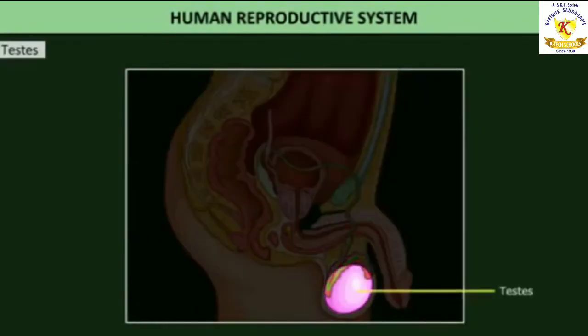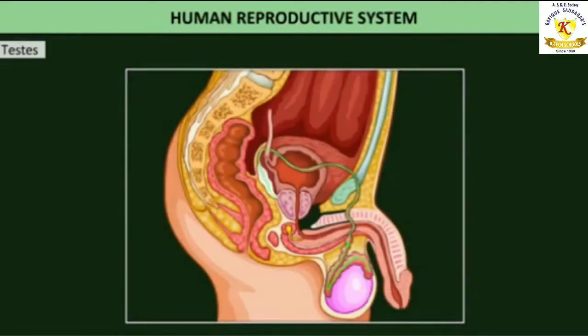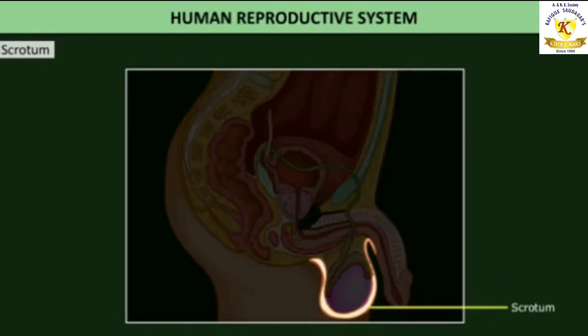It includes testes. Testes are a pair of pinkish, small-sized, oval-shaped primary male sex organs. Scrotum.